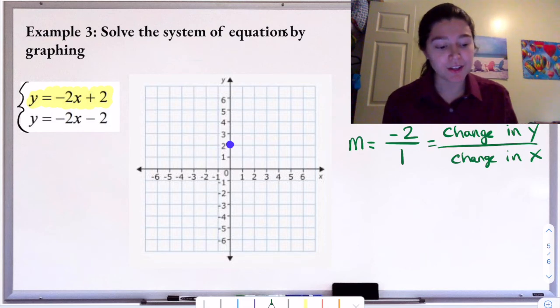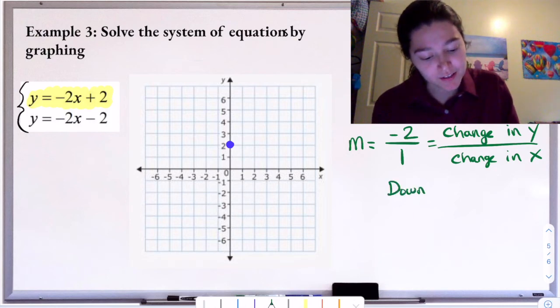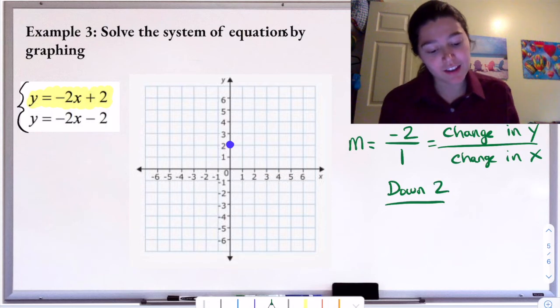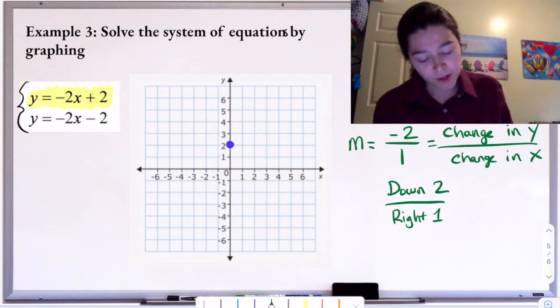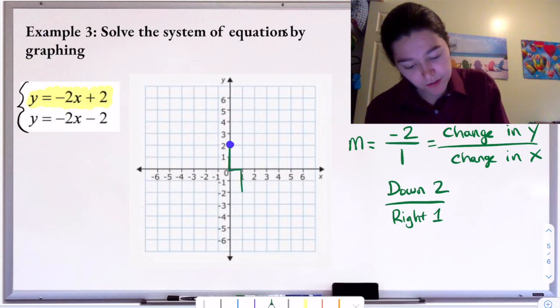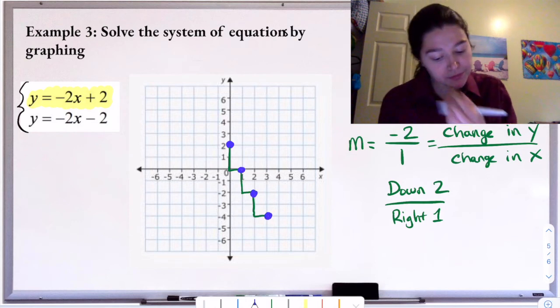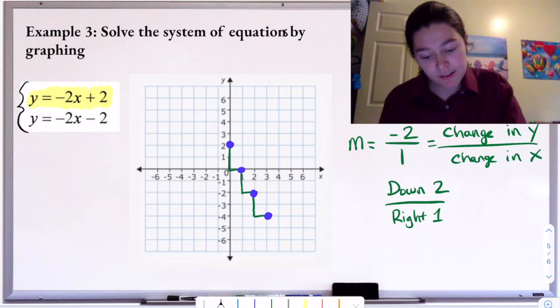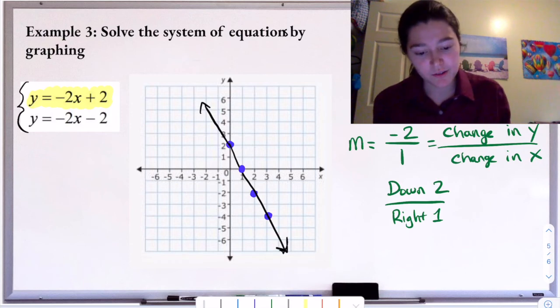So my change in y is negative 2, which means I'm going down 2, and the change in x is 1, so I go right 1. Down 2, right 1, down 2, right 1, down 2, right 1. I can do that as many times as I want, and that gives me my first line. And then we can do it all over again with our second equation.